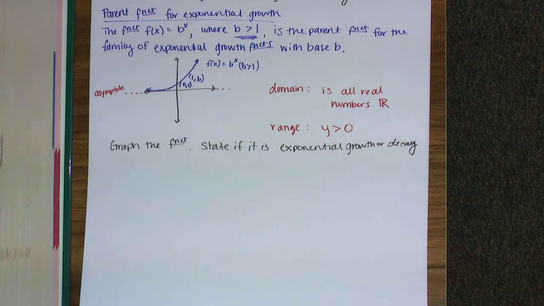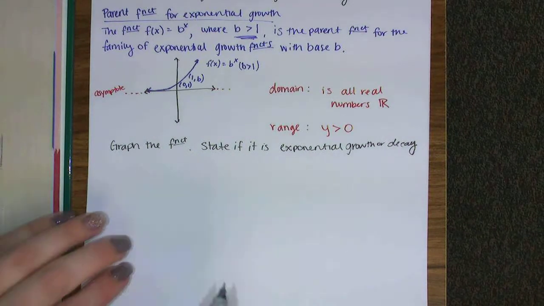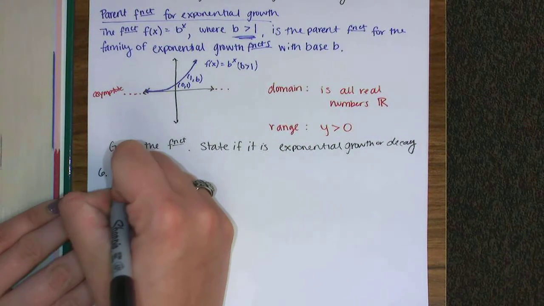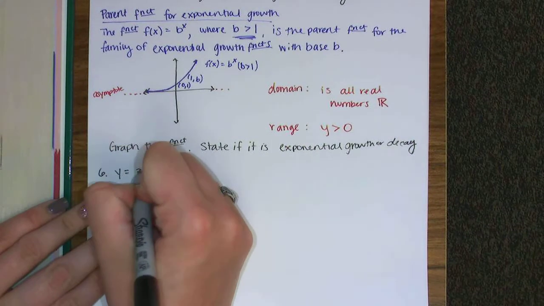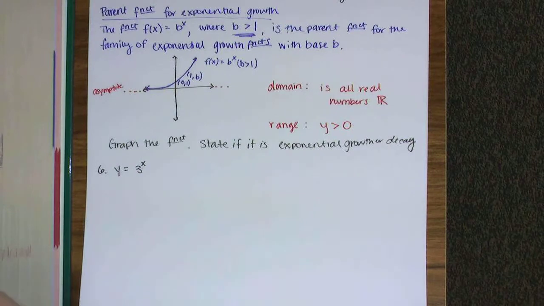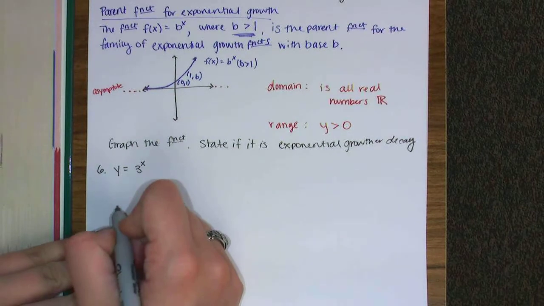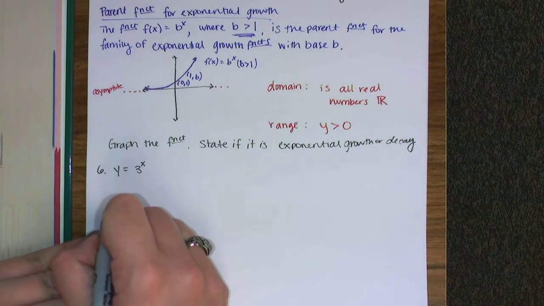Alright, so something like, we're going to keep it pretty basic. Number 6 is where we'll start. We're just going to do about 2 of these. Y is equal to 3 to the x. So with this one, okay, we draw a table, and when we do that, we have our x values, our y values.